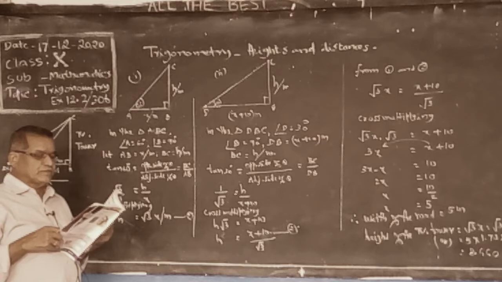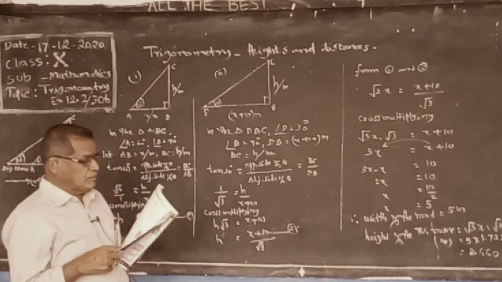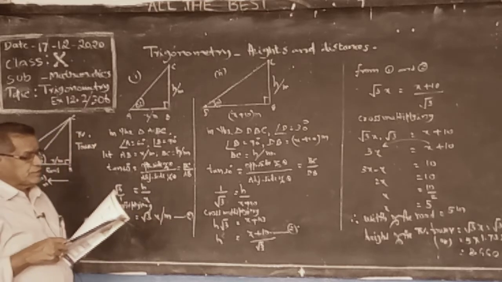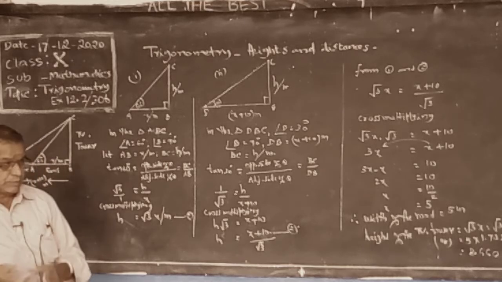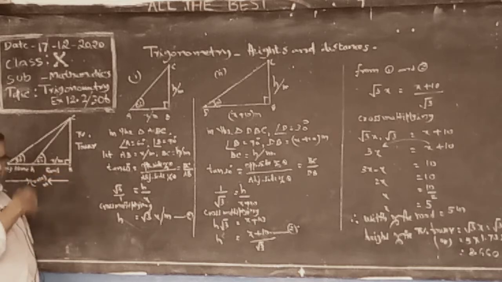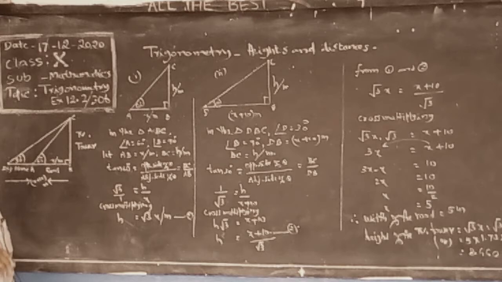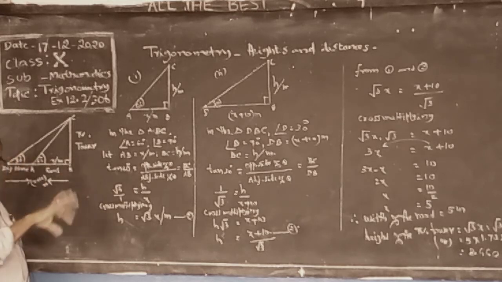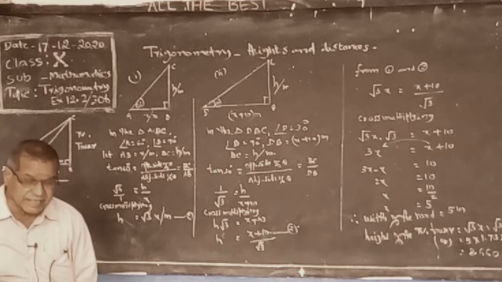In the first problem, the person is walking back. In the second problem, he is walking forward towards the temple. First angle is 30, second angle is 60.